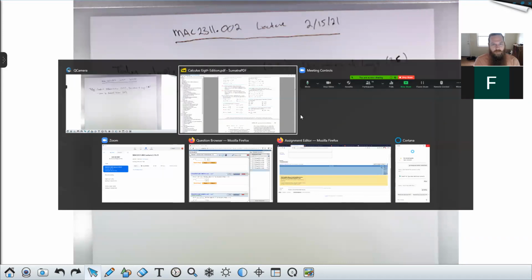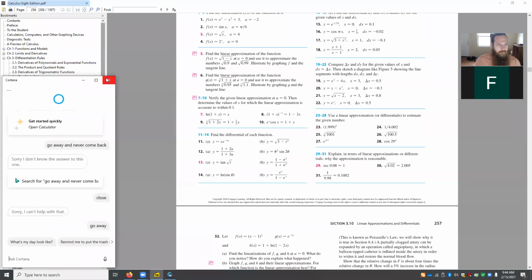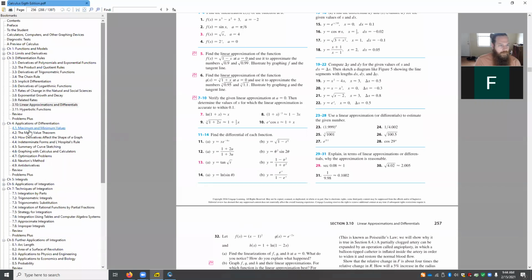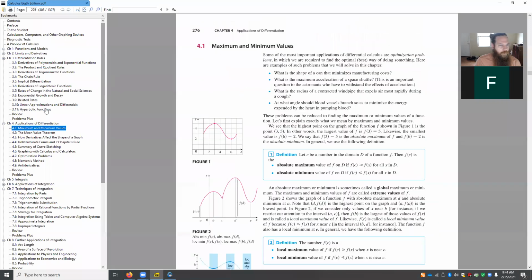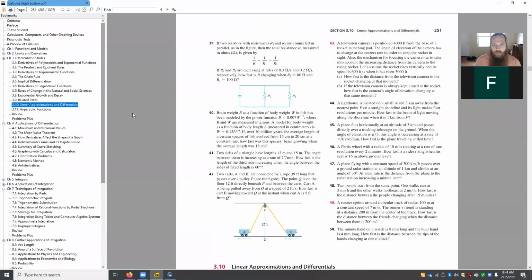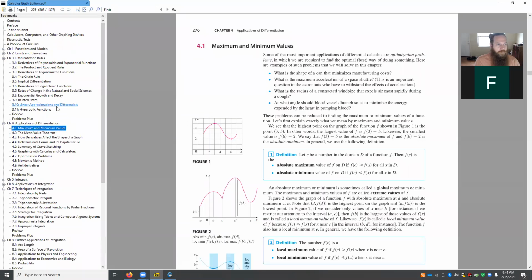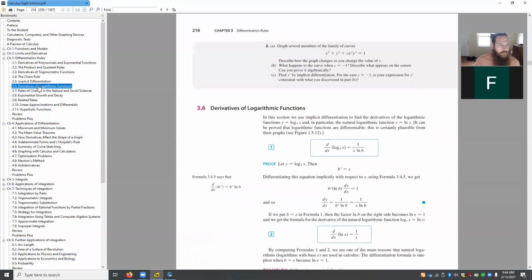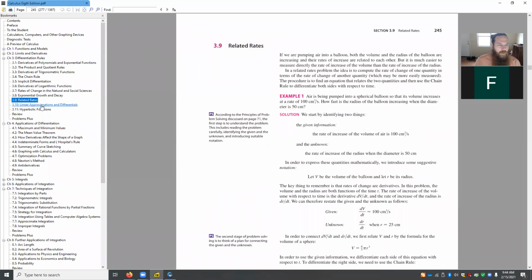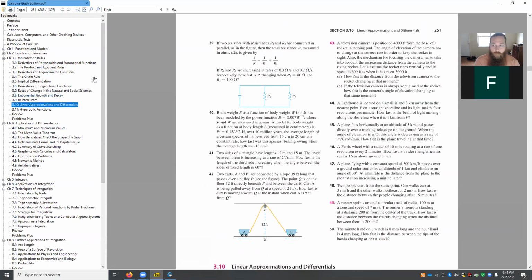I'd like to get this done. Then if possible, I'd like to get to 4.1 also, which is on 3.10 and 4.1. 3.10 will probably be the last thing we do this week. 4.1 will probably have to wait till next week. So this week we're going to do 3.5, 3.6, 3.9, and some 3.10. So we got quite a bit to cover.